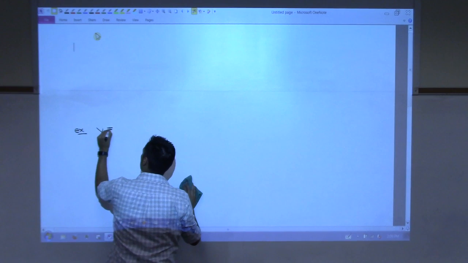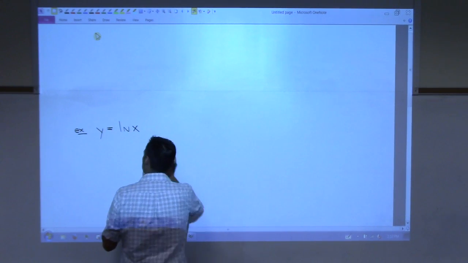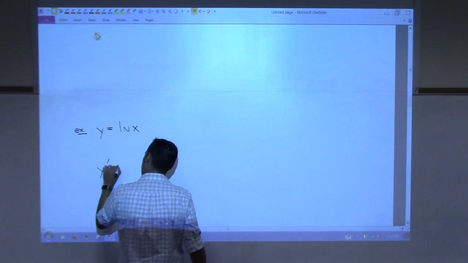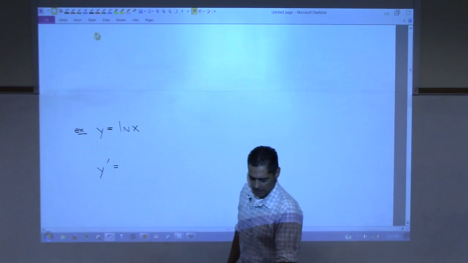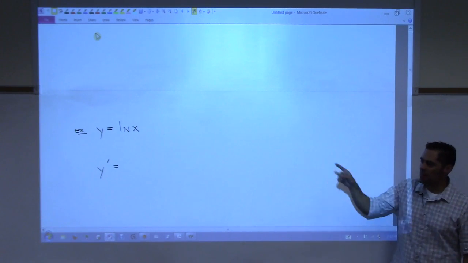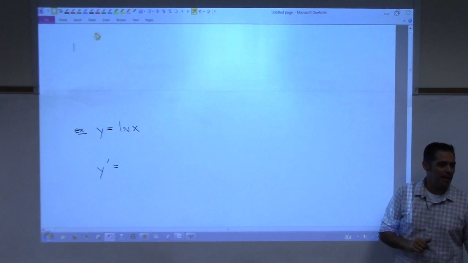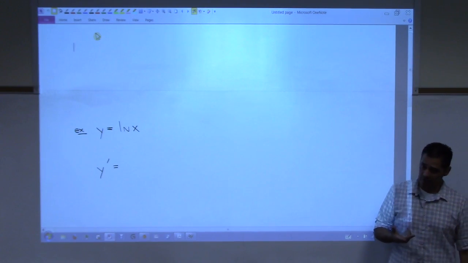What is the derivative of the natural log of x? What is the base of the natural log? Like log was base 10, but what's the base of the natural log? It's e, right?